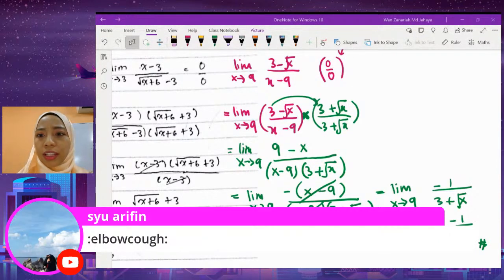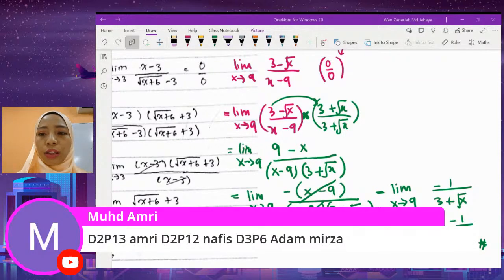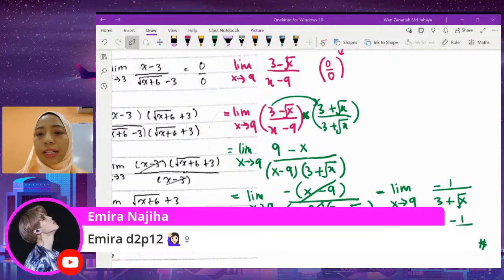Okay, Shu Arifin. Okay, now I'm taking attendance for D2P12. Please, D2P12. Okay, Nafis here, D2P12. Who else? Okay, Amira Najiha. Okay, lagi, raise up your hands.